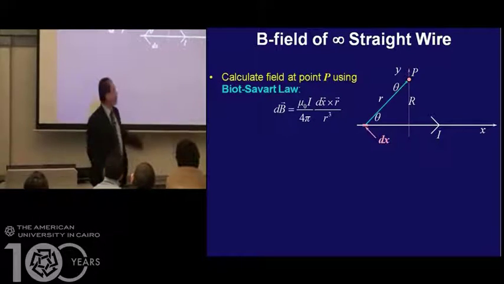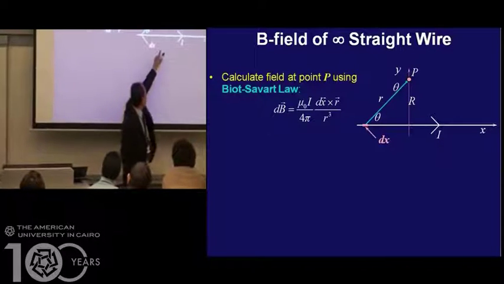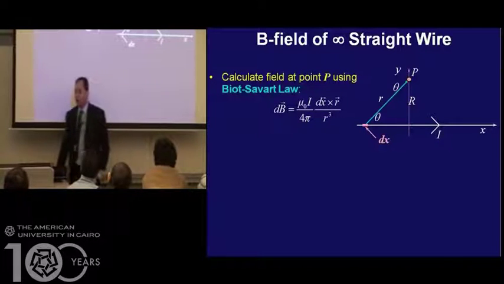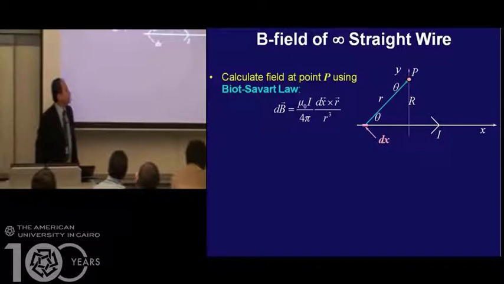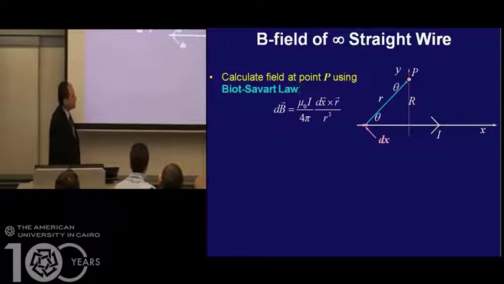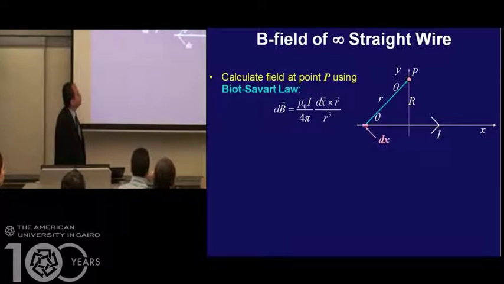I'm trying to find the magnetic field at point P, and that point P is at a perpendicular distance r from the wire. And the wire has a current I, and the current is in the positive x direction.